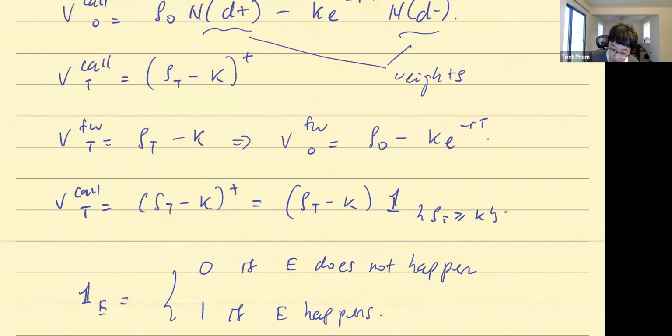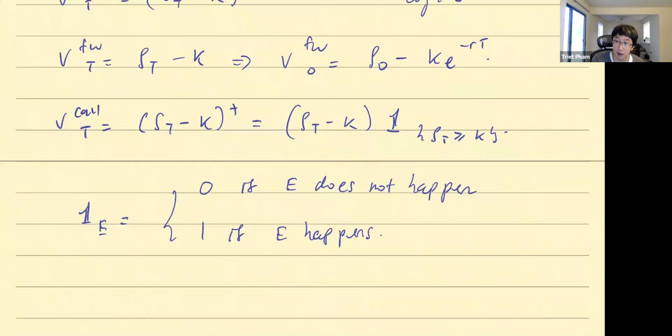On the other hand, there is something about probability that does this. Let me change this E to A, because I'm going to use E as expectation soon. So A is an event. Now, it has a very special property.